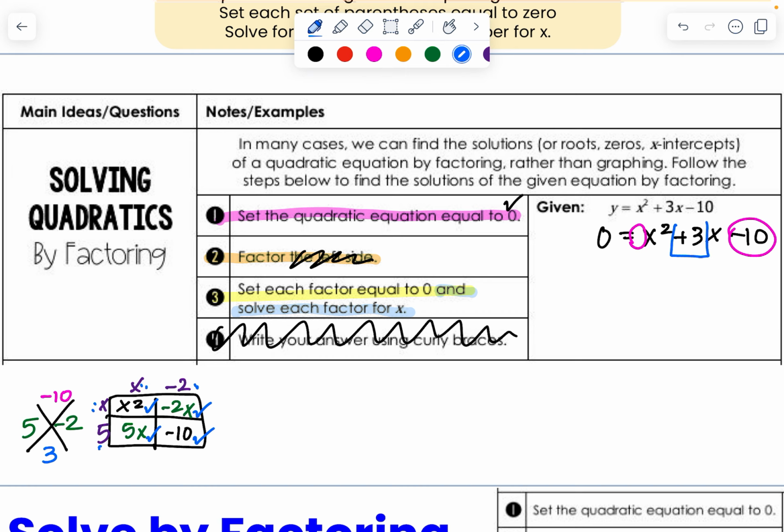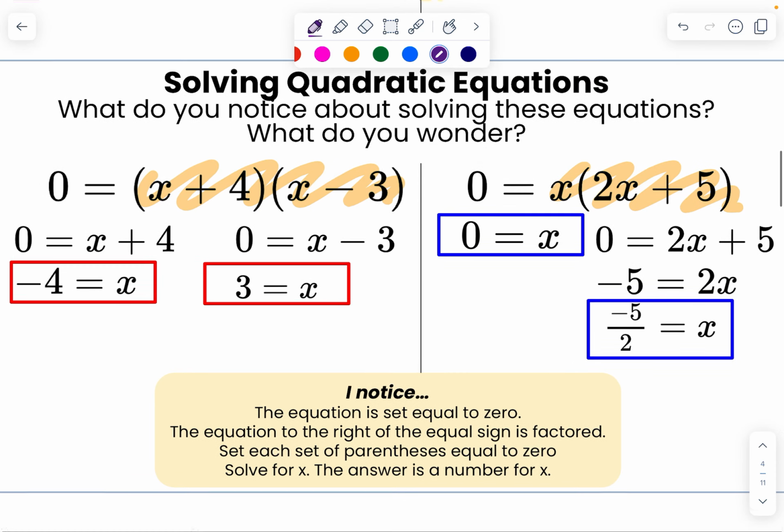But really, remember, my goal was to factor this equation. I still have 0 here. And instead of x squared plus 3x minus 10, my Xbox method just helped me factor this expression into x plus 5 and x minus 2.